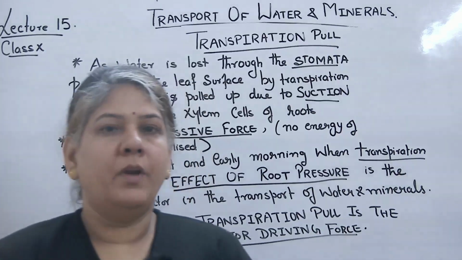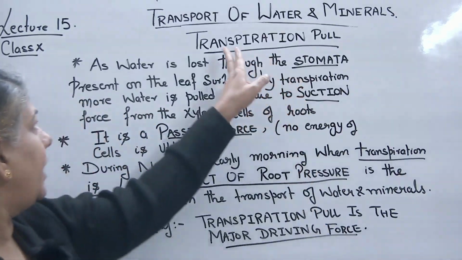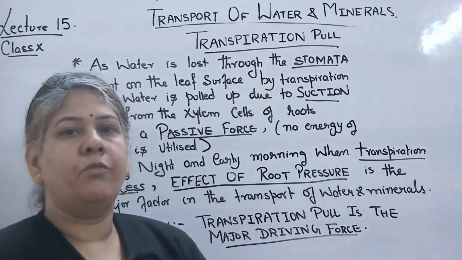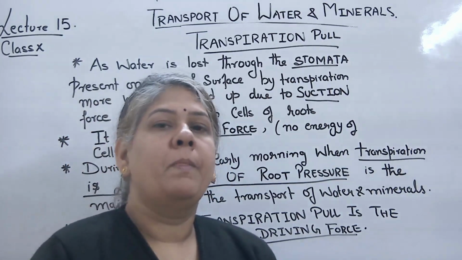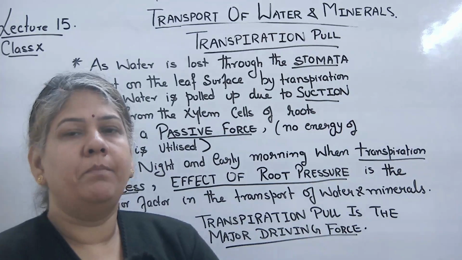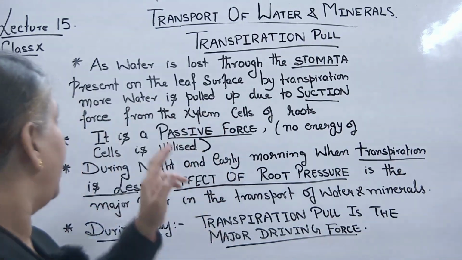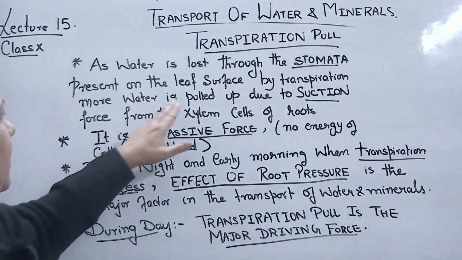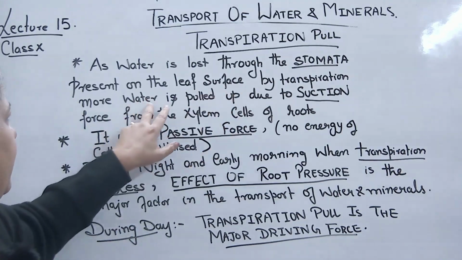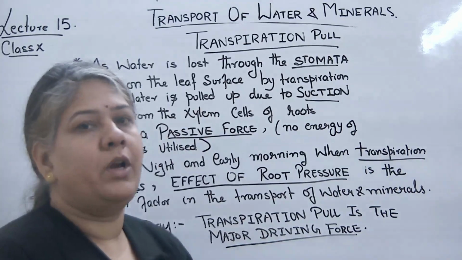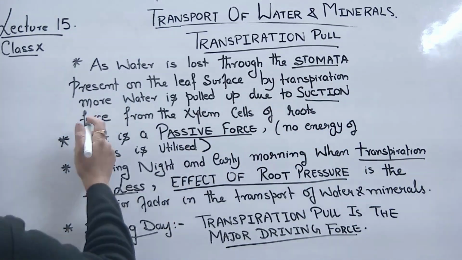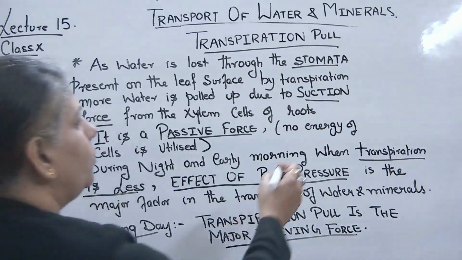See, in the transpiration pull we must understand that transpiration is a process where water is lost in the form of water vapor from the upper part of the plant. So during daytime, as water is lost through the stomata present on the leaf surface by transpiration, more water is pulled up due to suction force from xylem cells of roots.